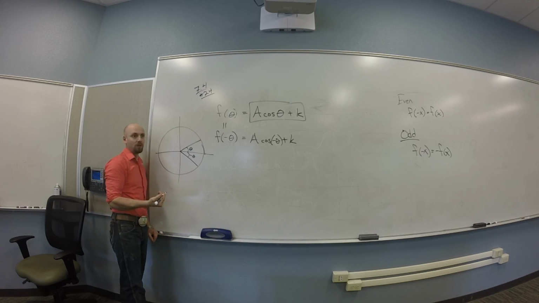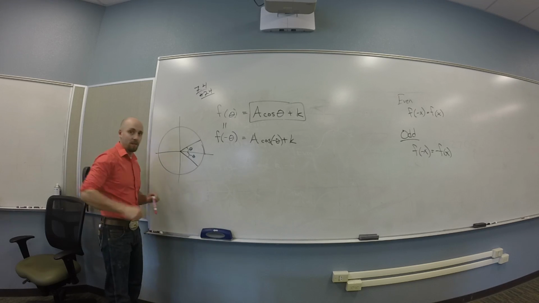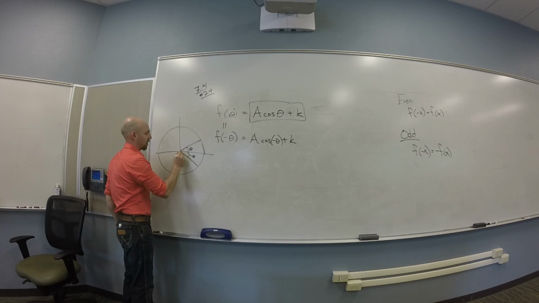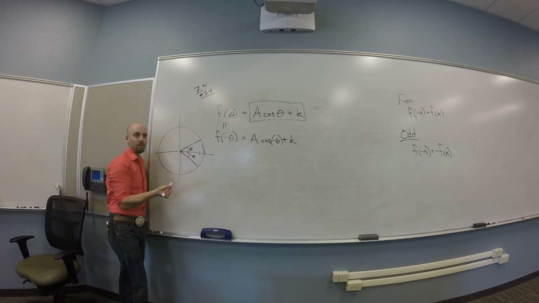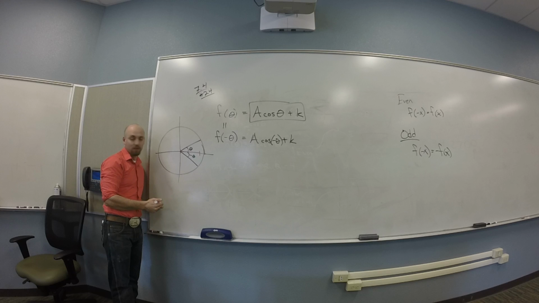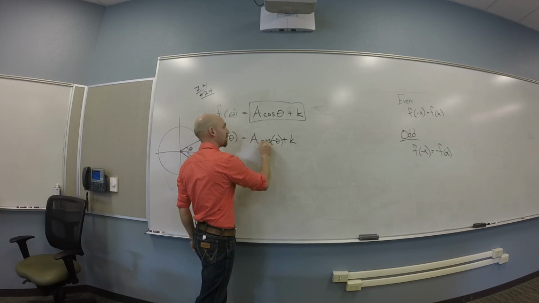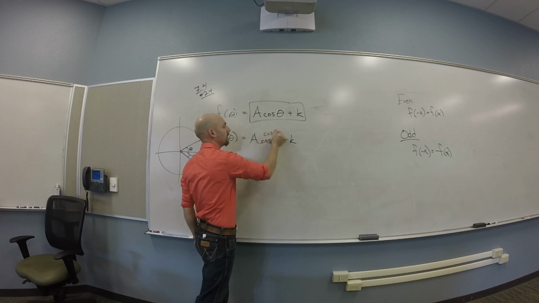Where's the cosine of theta on this picture? Yeah, that's this, the adjacent side on the triangle. They're the same exact thing because they're the exact same spot on the picture. So cosine of minus theta is the exact same thing as cosine of theta.